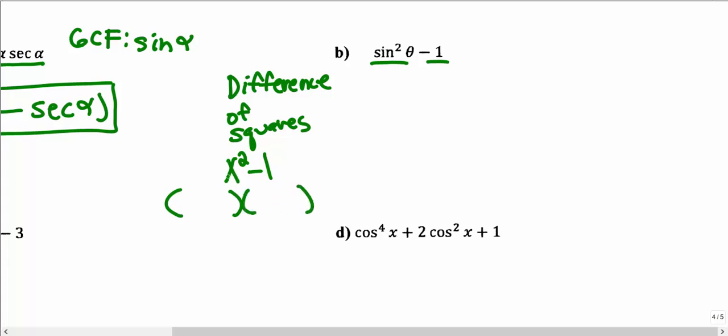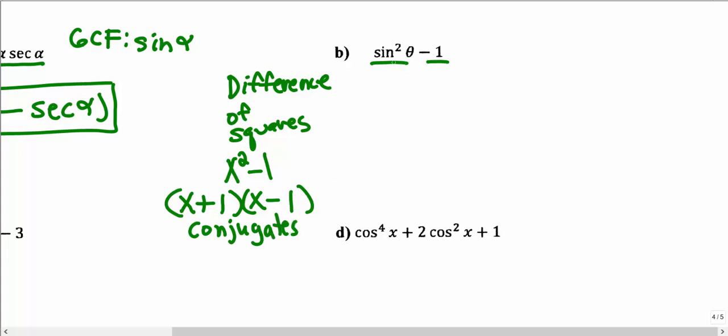So it's the first term, whatever I'd have to multiply times itself to get x squared, which would be x and x. Basically thinking about the square root of x squared, and the square root of 1 would also be 1, and we put opposite signs in between. So difference of squares always factors as what we would call conjugates.